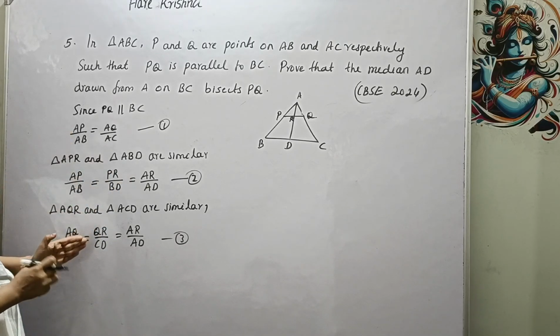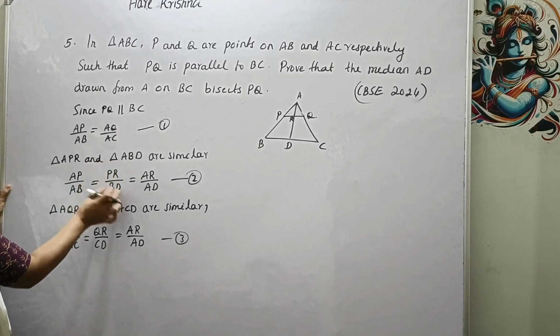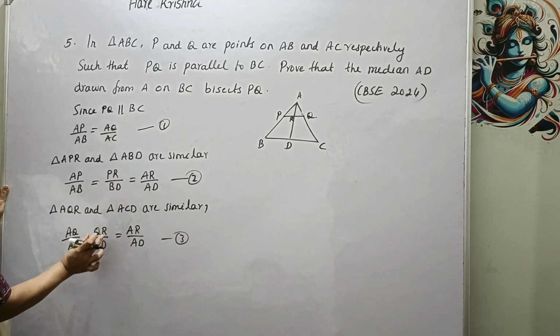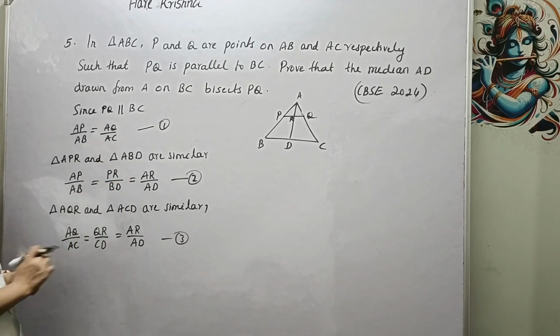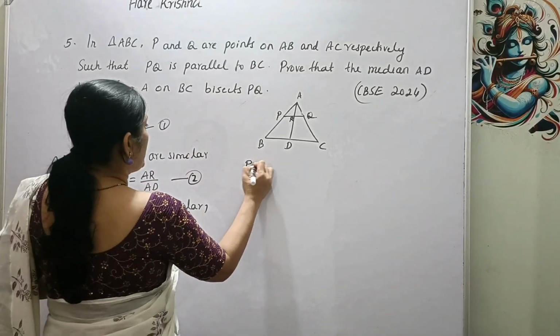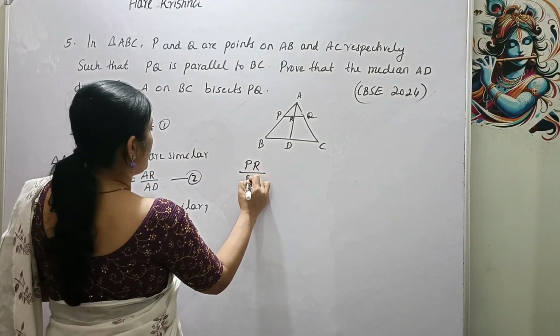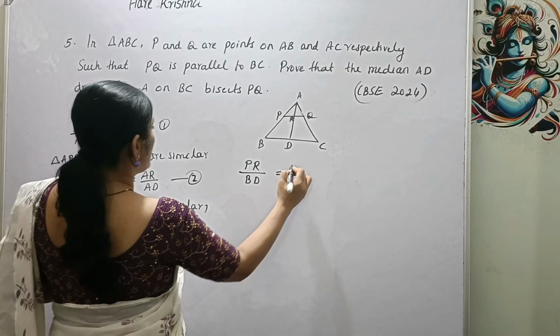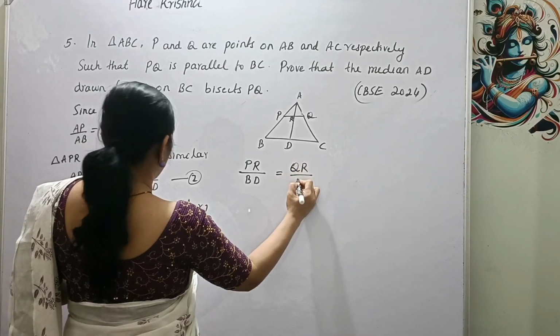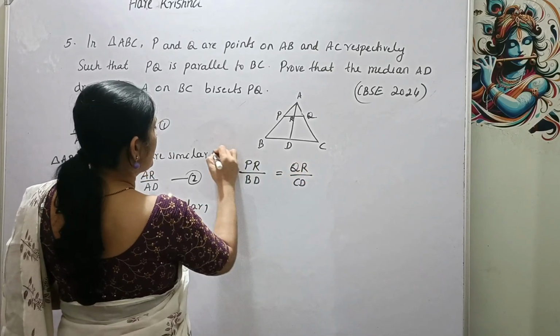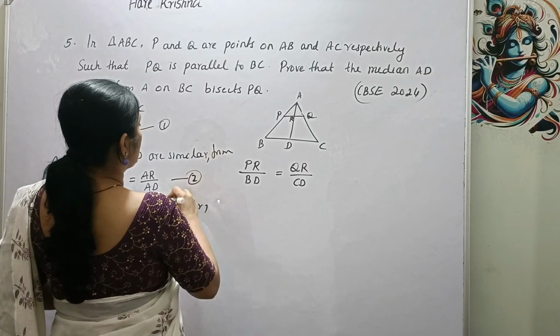So from these three equations, we get PR by BD is equal to QR by CD. Right? That is PR divided by BD is equal to QR divided by CD.